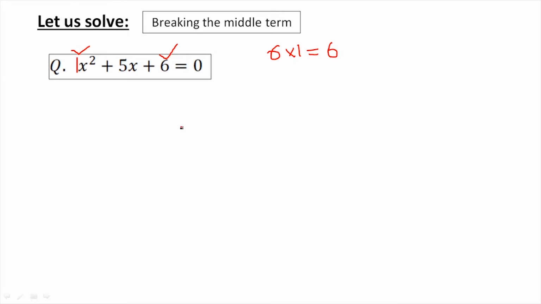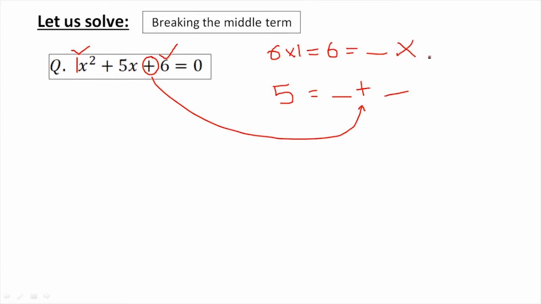Okay, this is 6. Now 5 has to be broken into two parts such that when we add those two numbers we get 5, and when we multiply those two numbers we get 6.